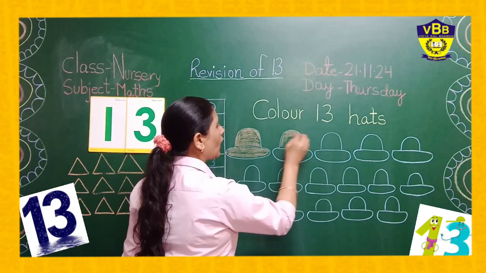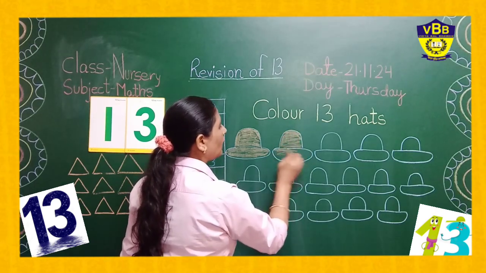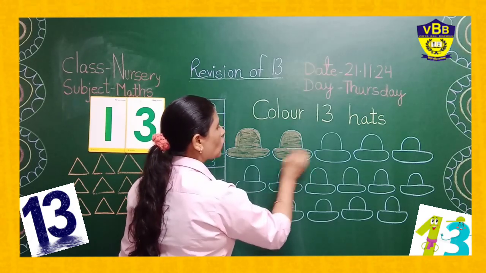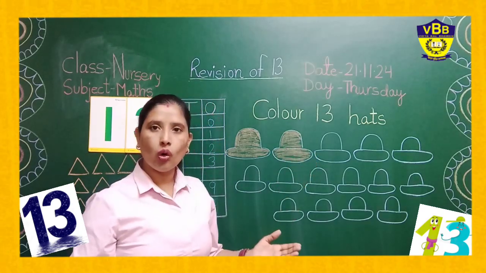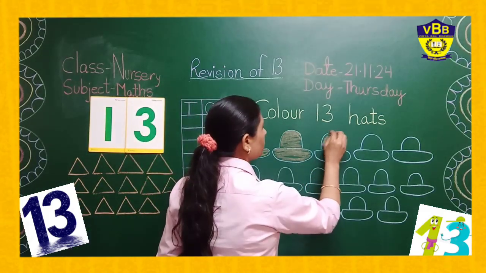How many hats are we going to color here? We are going to color 13 hats. My little tiny toes, make sure the color does not go outside the black color boundary.